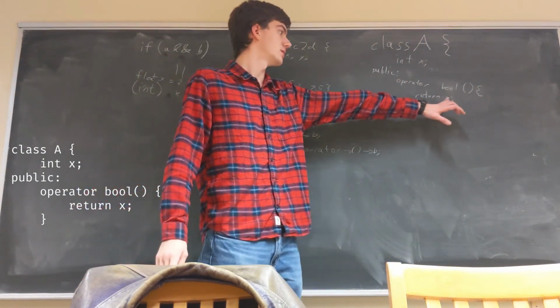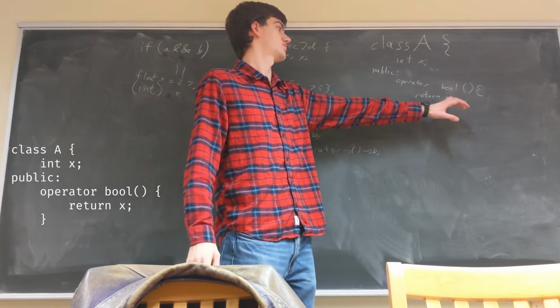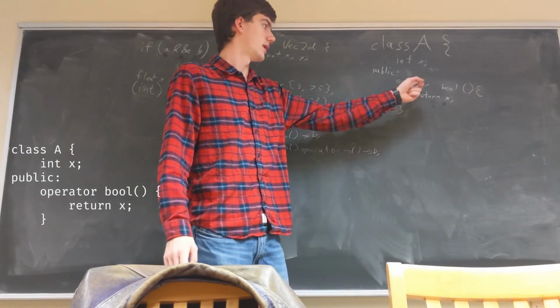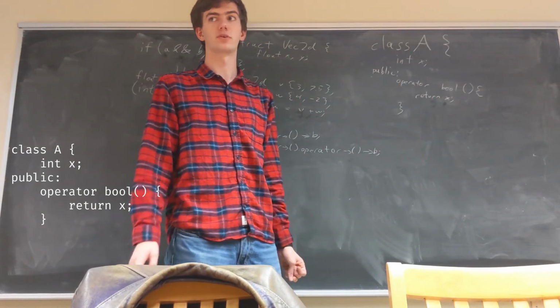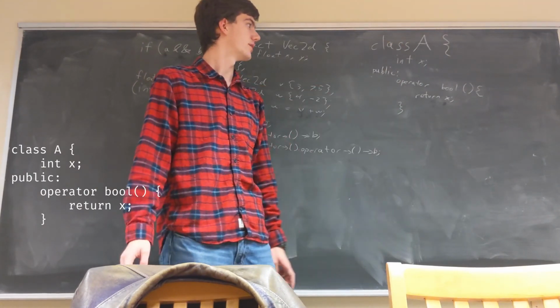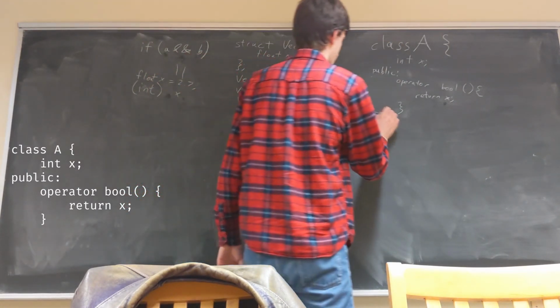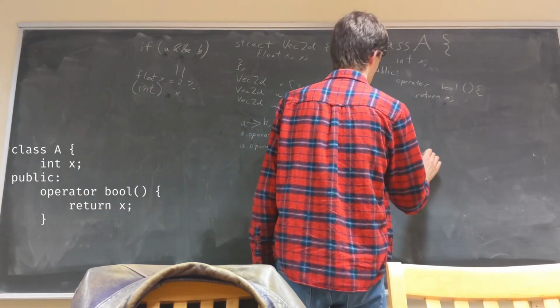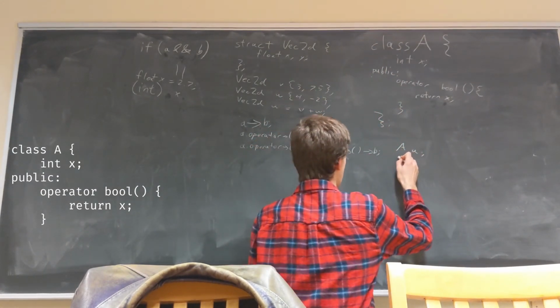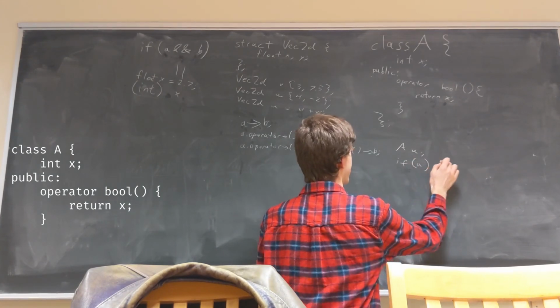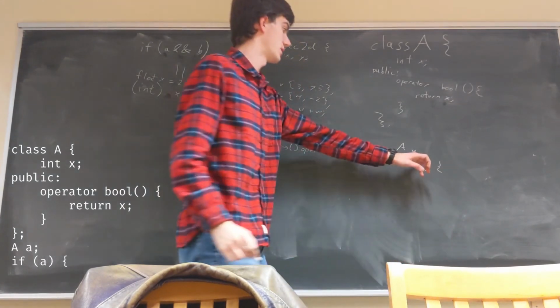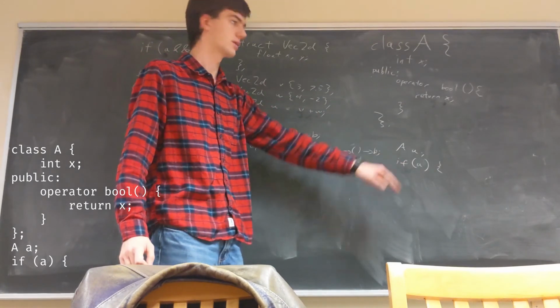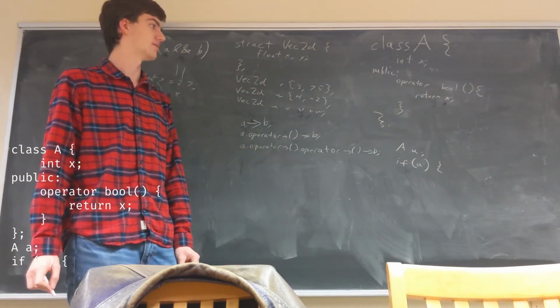And so that uses the built-in implicit conversion from an int to a bool, and now we have our own conversion to a bool from anything of type A, which means we could say if A, and implicitly it would be able to convert that to a Boolean and work in the if statement.